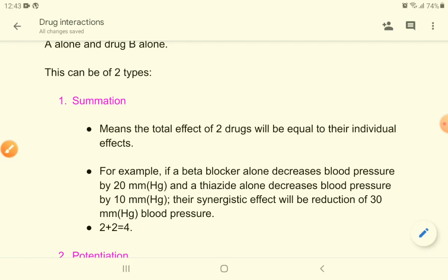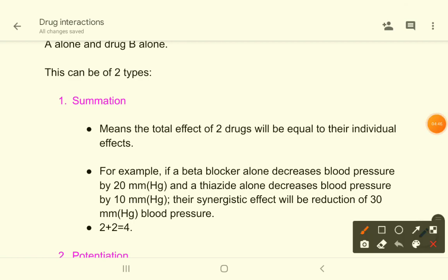They are doing these things individually, separately. Now you are giving these two drugs simultaneously to that patient, and the effect is they are reducing blood pressure by 30 millimeter of mercury. That is the summative effect or additive effect. We call this summation or addition. That means 2 plus 2 equals 4.